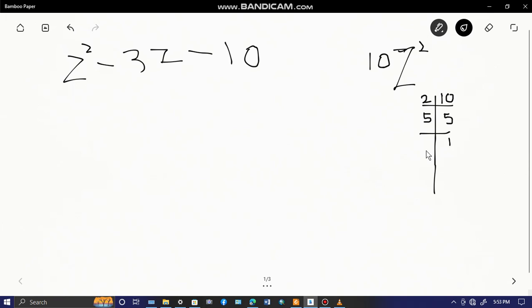Now if you look at this, we only have two numbers, so we can easily use them to rewrite the middle term. So now we have 2 times 5. On the multiplication part, we can see that 2 times 5 will give us a 10.